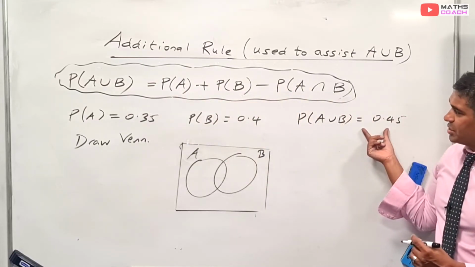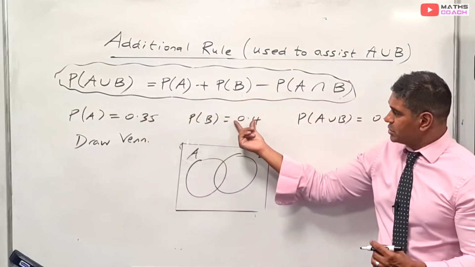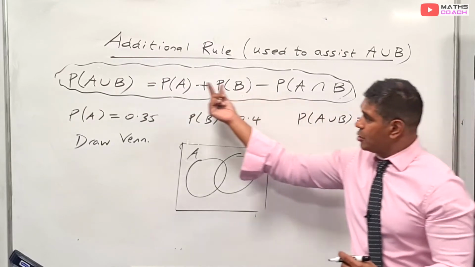Now, a bit of rearranging is involved. We have probability of A, which is there. We have probability of B, which is there. And we have A union B, which is there.